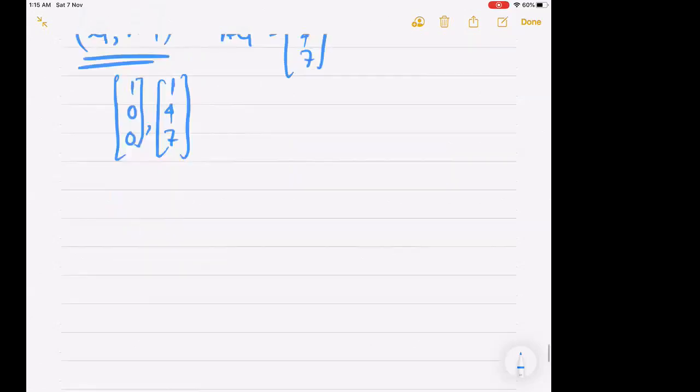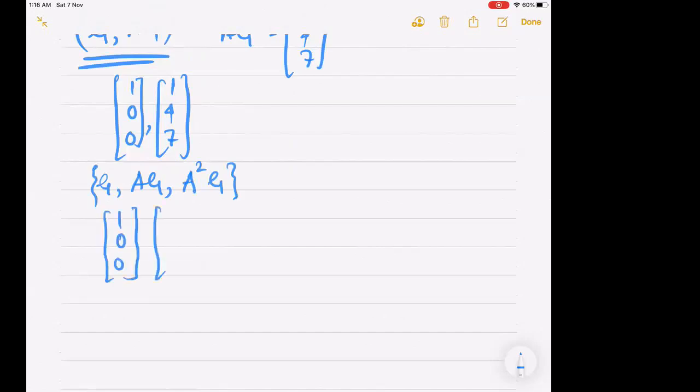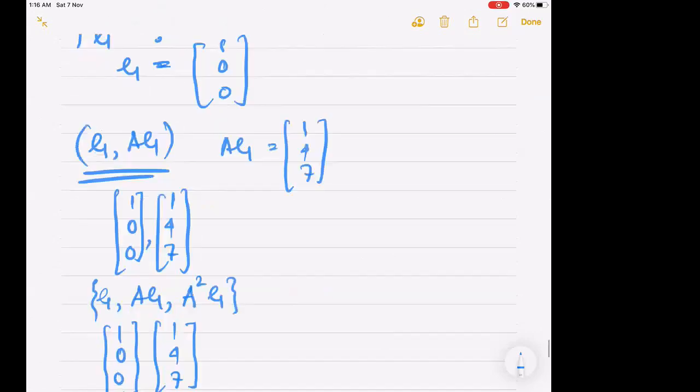So degree 2. What should I do? I look at once again E1, I have AE1, and now I look at A squared E1. I have 1 0 0, I have 1 4 7. Now I multiply the matrix by 1 4 7, so let me do this calculation.